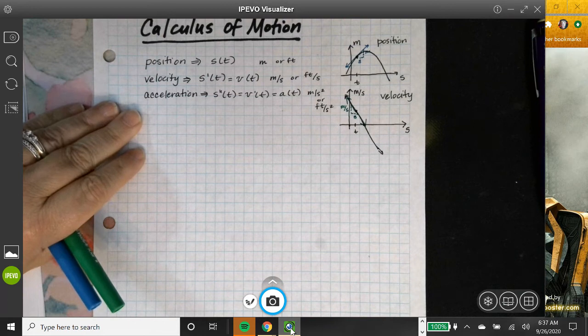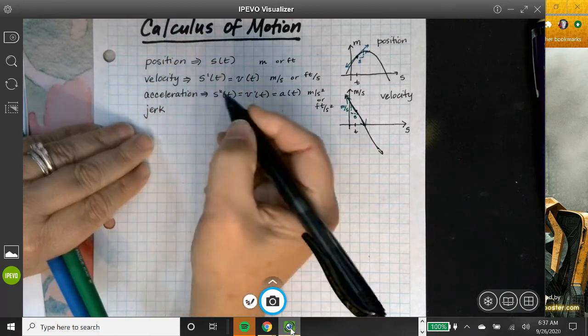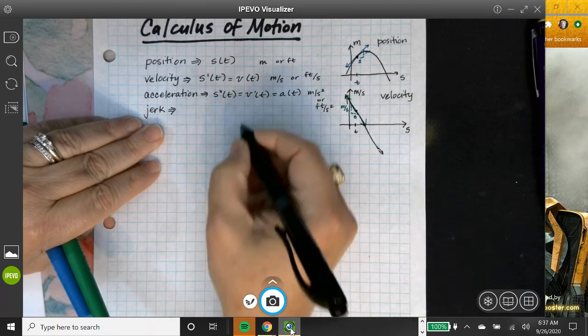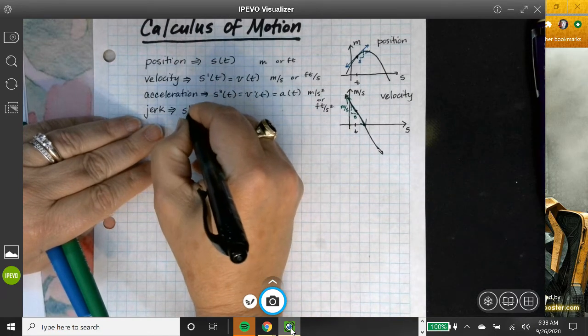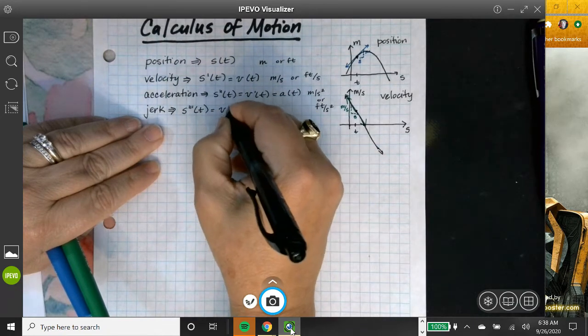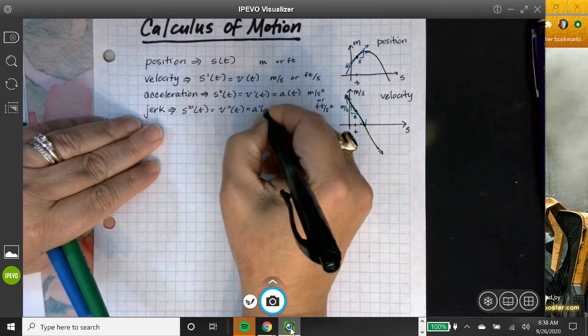And then acceleration has a rate of change. And I think we can follow the pattern now. Its instantaneous rate of change is a quantity we call jerk. And that's going to be the third derivative of position, which will be the second derivative of velocity, and that'll be then the first derivative of acceleration.